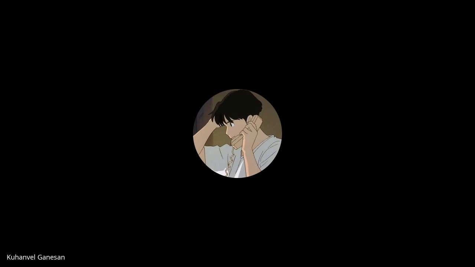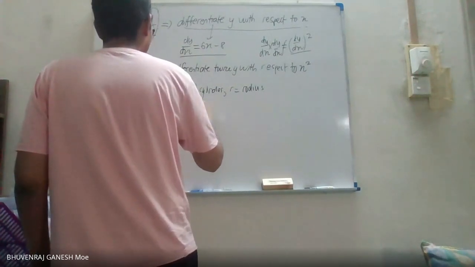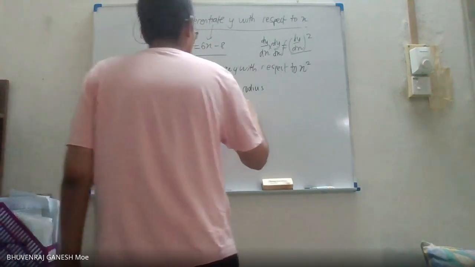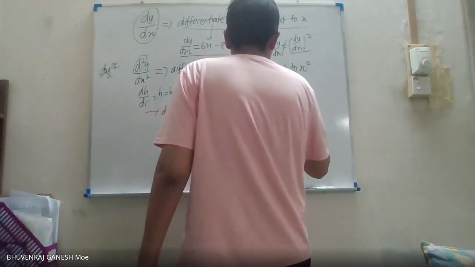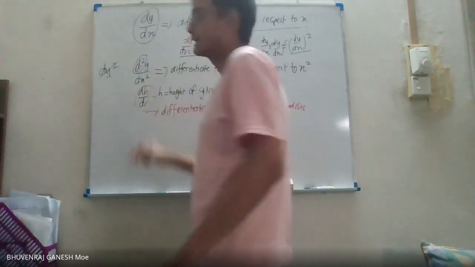Differentiate height with respect to radius. Yes, correct. So you get the thing already now. Differentiate height with respect to radius. Sometimes this is the thing you need to form when we apply something like the chain rule.